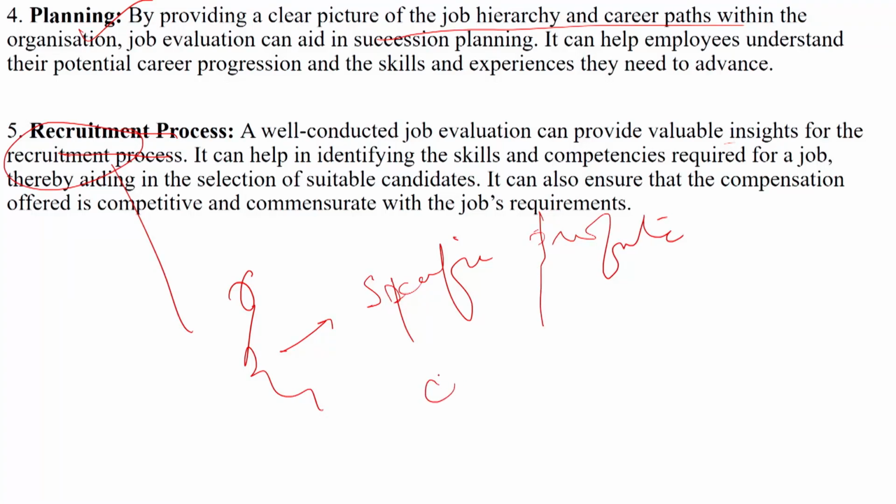So for a specific job profile, this amount of money is being granted. Once we have all these things at our disposal, it's easy, because there is a lot of clarity in the minds of the company as well as in the minds of the people who are coming and wish to be a part of the system.